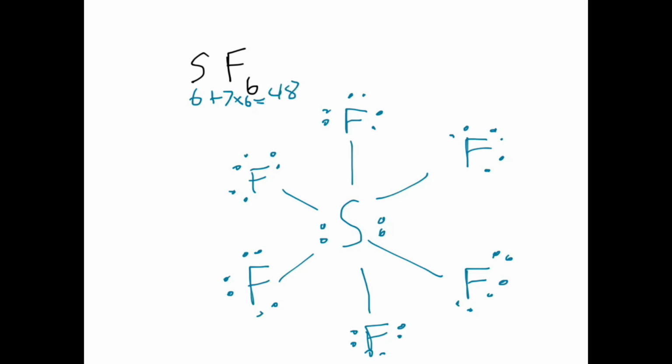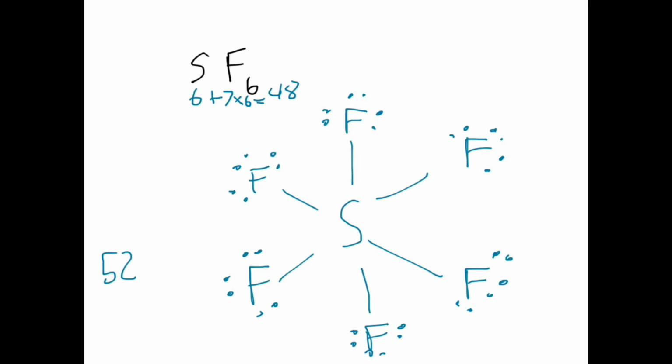If you count all these electrons, 2, 4, 6, 8, 10, 12, and then count up all the lone pairs, when you add everything together you get 52. That tells you there are 4 more electrons than there should be. And so again, if we have too many electrons, we remove them from the central atom.